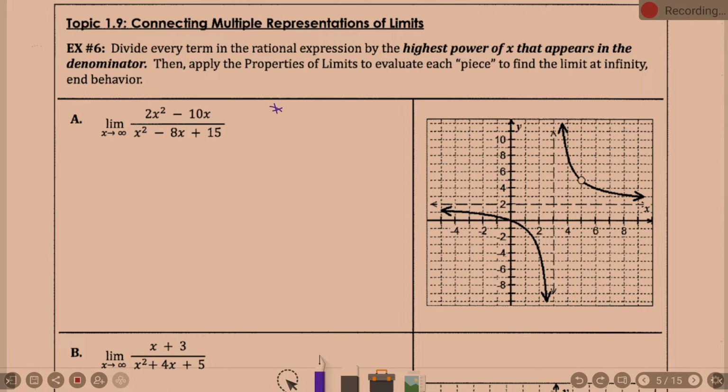I'm going to write a note here. Divide each term by the highest power, but it has to specifically be the highest power in the denominator for this to work. Okay? That's what we're going to do here.